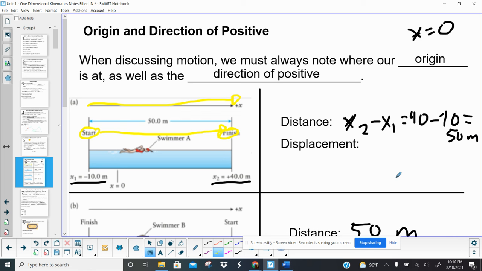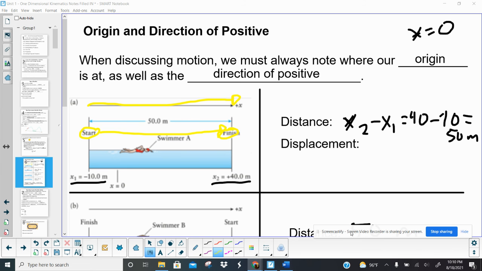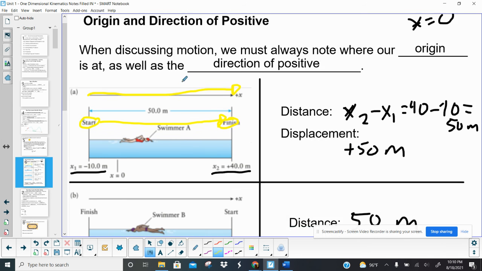So we're going to say our displacement is also positive. From start to finish, our displacement is a positive 50 meters. You don't have to write the positive, obviously; if you leave it off, it's inferred to be positive. But I am explicitly saying that we traveled in the positive direction.